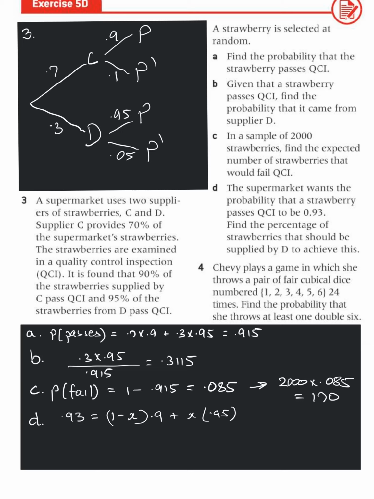Okay, good. And then we expand that, and we've got 0.9 minus 0.9x plus 0.95x. So we're going to move that 0.9 over here. We've got 0.93 minus 0.9 equals 0.95x minus 0.9x. And that gives us x equals 0.6.